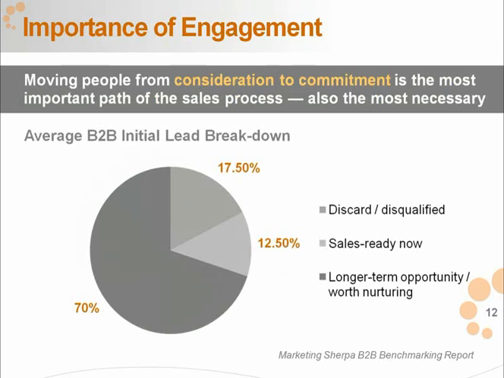And why is engagement so important? Because this is a slide from Marketing Sherpa, which shows that out of your lead gen, there's about 70% of it that does not turn into an immediate sale, and it needs a lot of nurturing, and it's a good opportunity that is worth nurturing. So what that means is that you've got to spend time with the right content to be able to nurture that 70% in order to be able to convert them at some point.